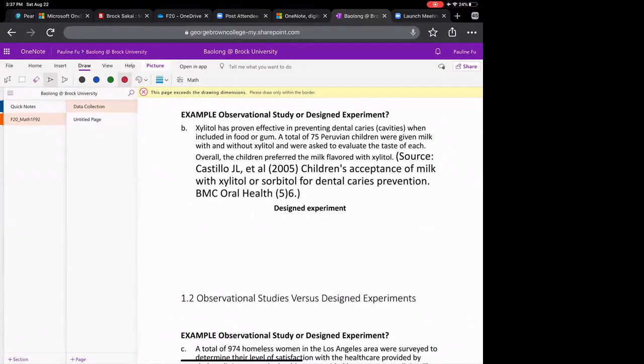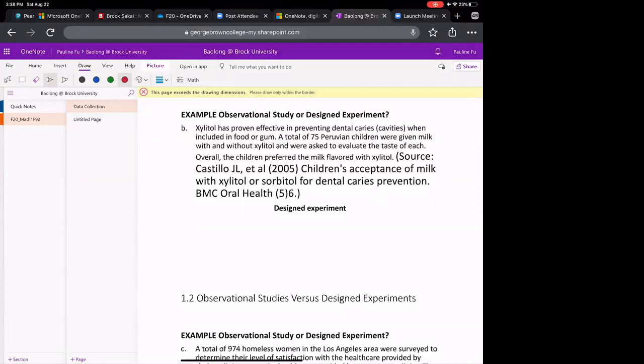Xylitol has proven effective in preventing dental caries when included in food or gum. A total of 75 Peruvian children were given milk with and without Xylitol and were asked to evaluate the taste of each.